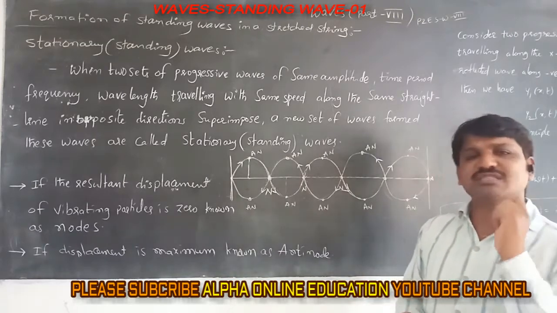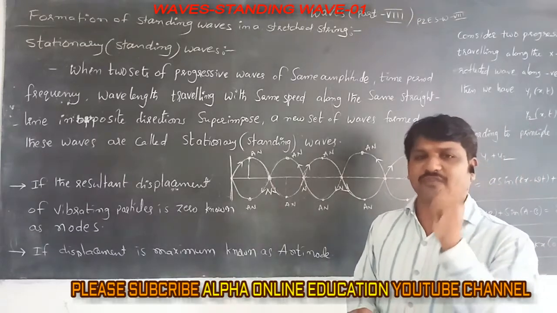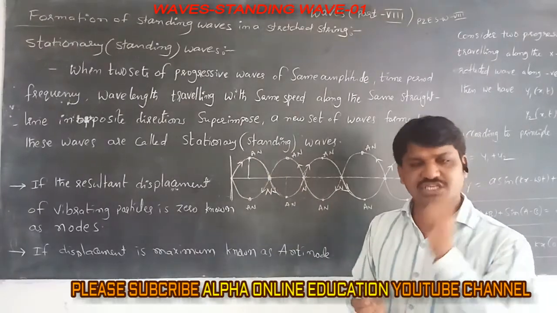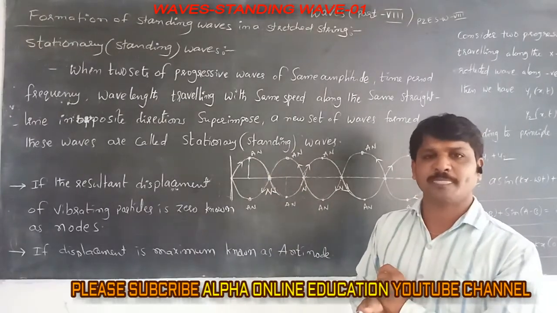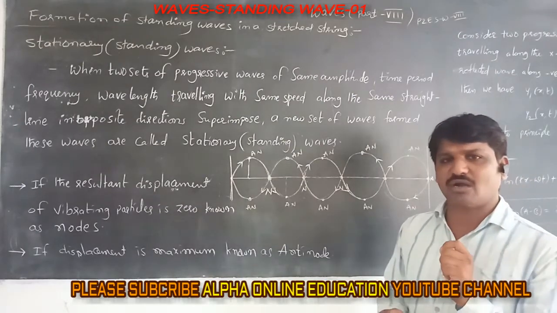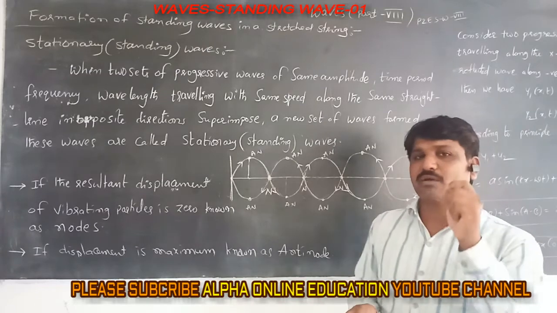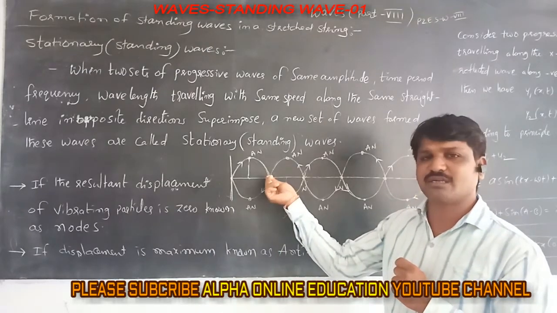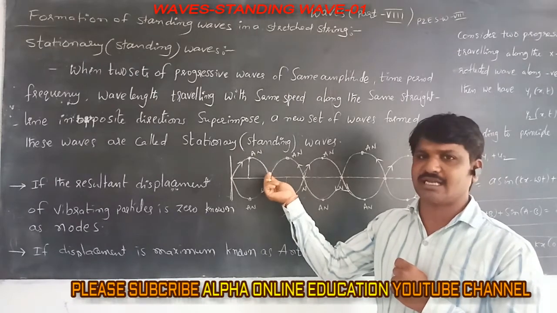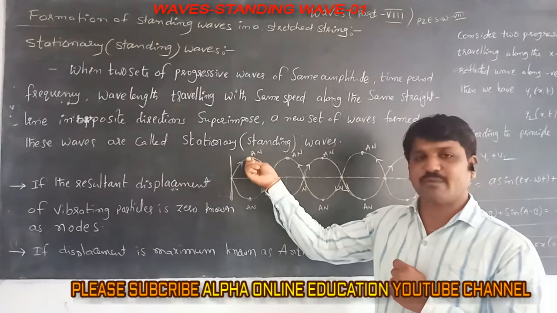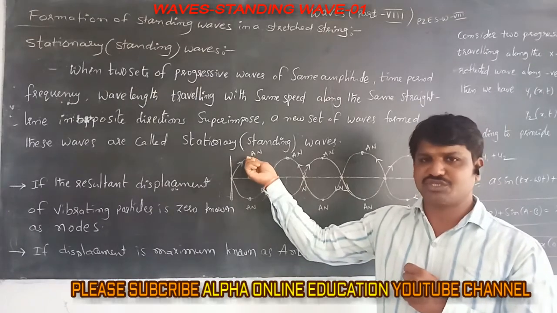When the displacement of the vibrating particles is maximum, that position is called an antinode. If the displacement is minimum, that position is called a node. Minimum displacement means zero displacement or zero amplitude; here is the maximum amplitude.